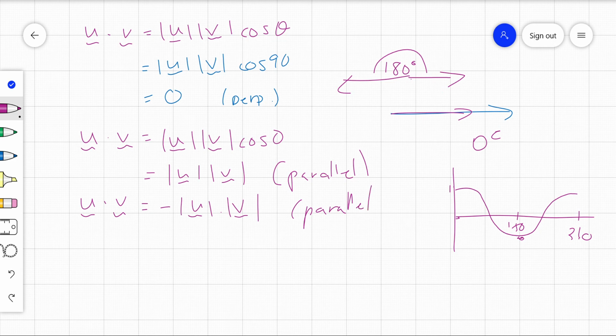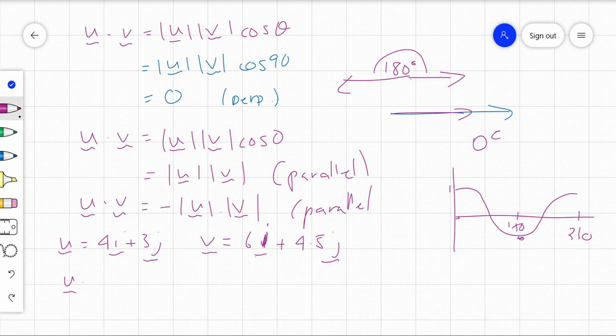So for example, if I had two vectors, let's say my u vector is 4i plus 3j, and my v vector is 6i plus 4.5j. I'm interested to see if they are parallel.